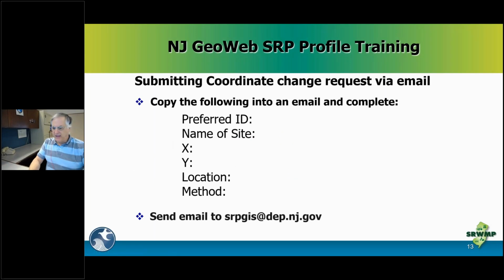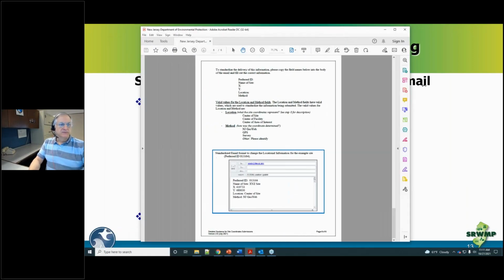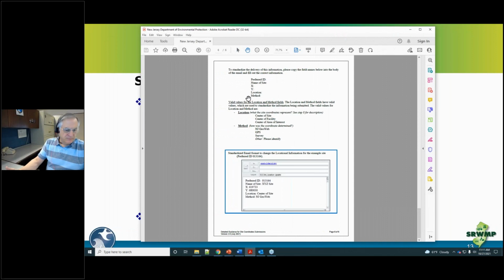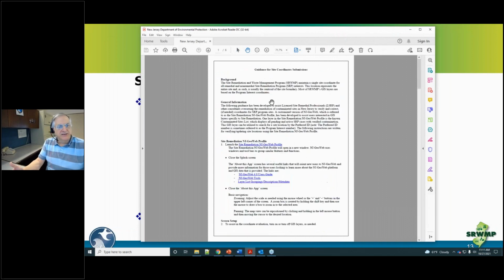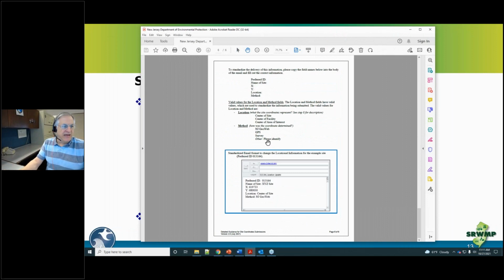I attached guidance to the training, a 6-page guidance. It goes into real detail on how to do this. But basically, after getting the XY coordinate, this explains how to do that.